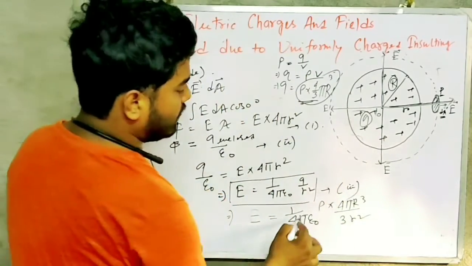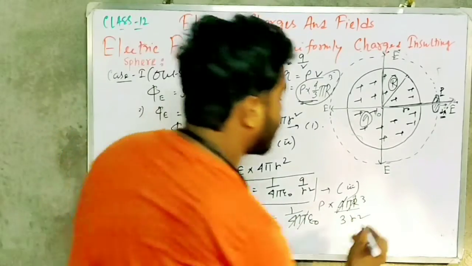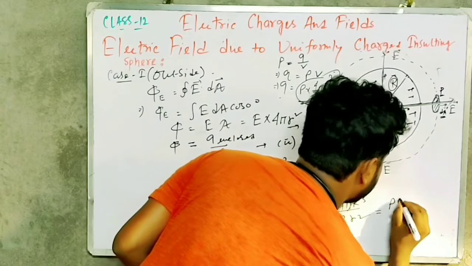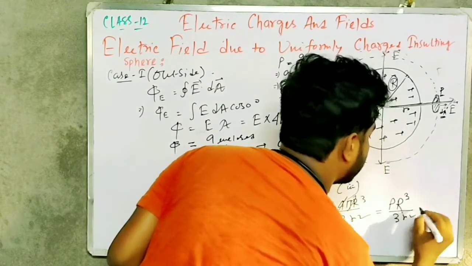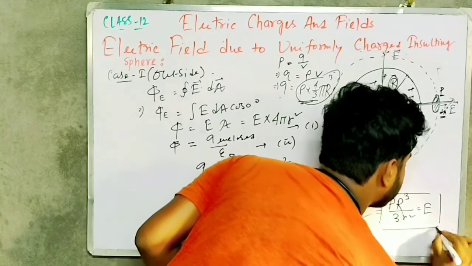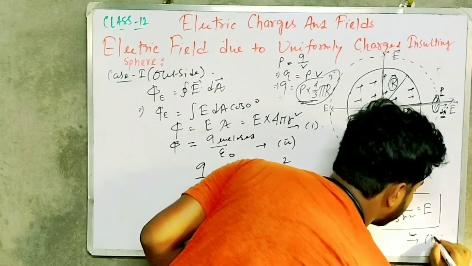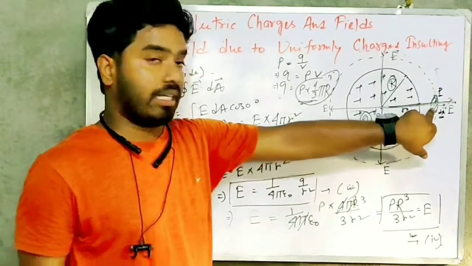Then simplify it. 4 pi cancels out. Then this expression will be rho R cube divided by 3 r square. This is the expression of electric field at the outside. This is the second expression, and this one is the first expression. This is all about the outside case.